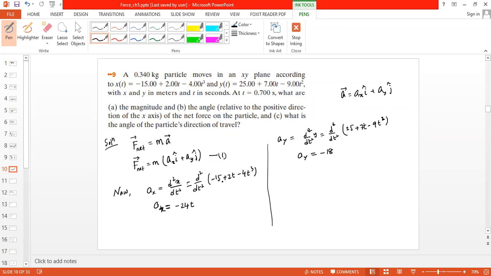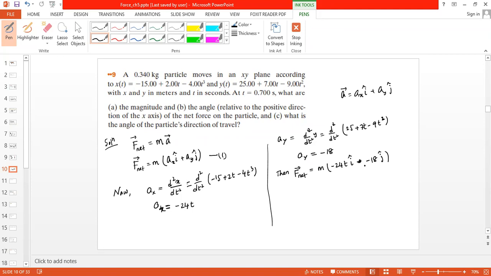Is it okay? So this is my ay. Then we can write F net equal to m times (minus 24t i minus 18j). This is my net force.